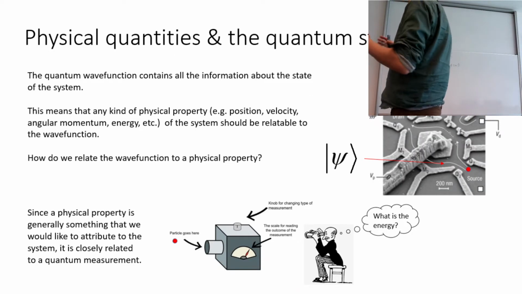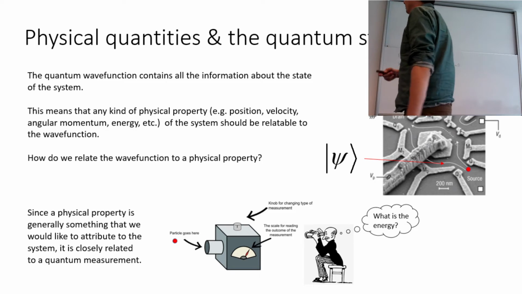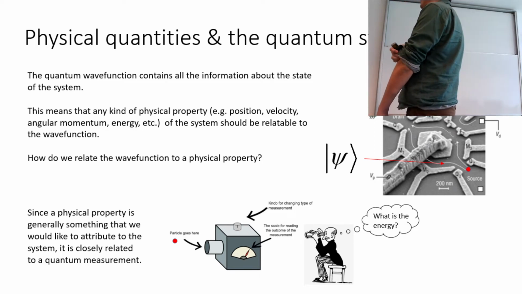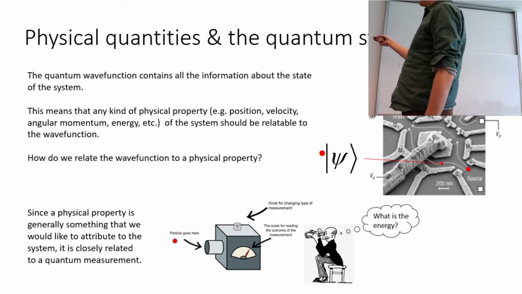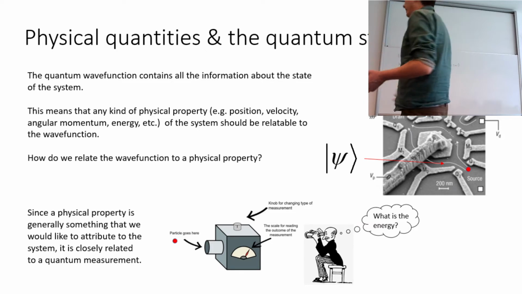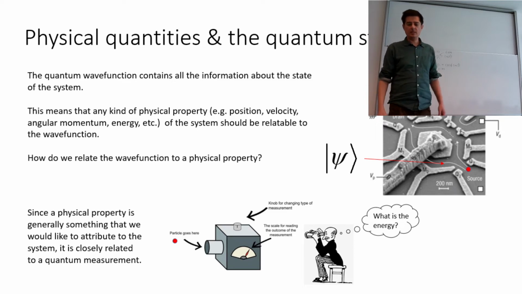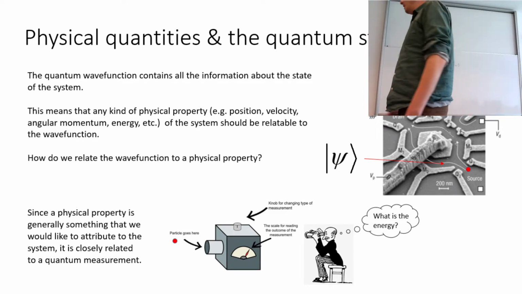Okay, so I think I kind of said what's on this slide already, but just to repeat it a bit in the context of this slide. A quantum wave function contains the full information of the state, right? So if we go back to this example where there's some electron going through some channel, at any given point in time, we can say that the state of the electron is some kind of wave function.